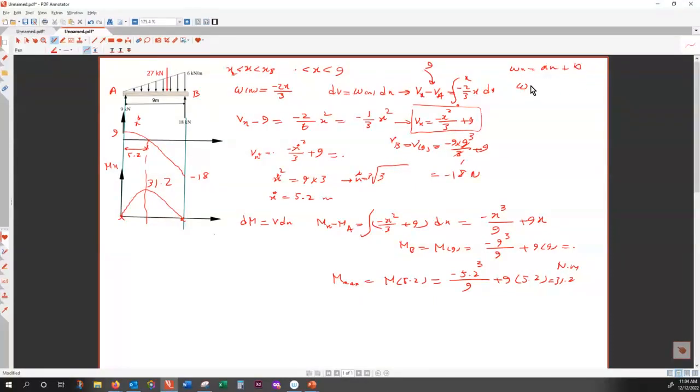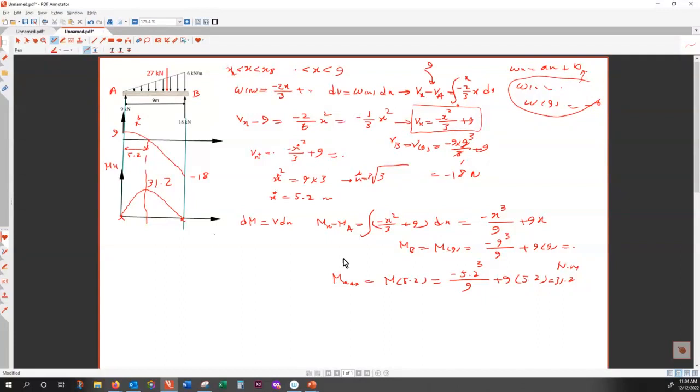We knew that W of 0 is 0, W of 9 is minus 6. Plugging these two numbers in, we found the coefficients to be minus 2/3 and 0. Then we started from integrating W of x, finding V of x, and integrating V of x, finding M of x.